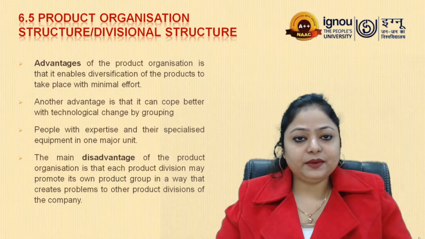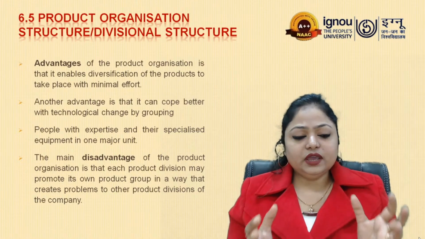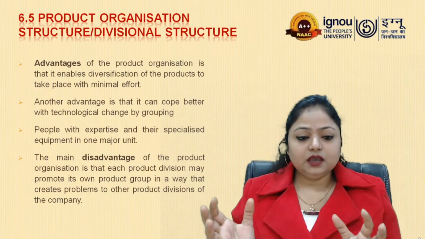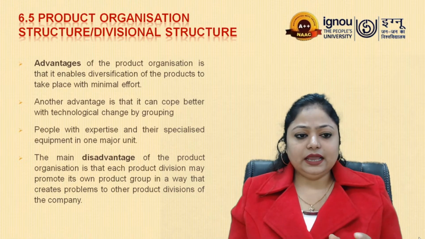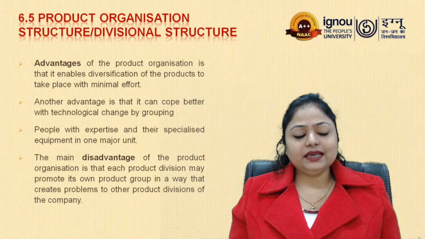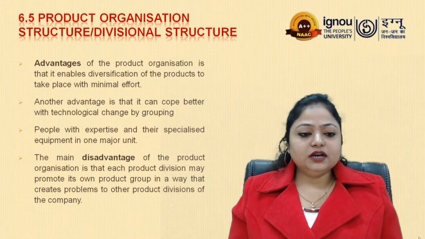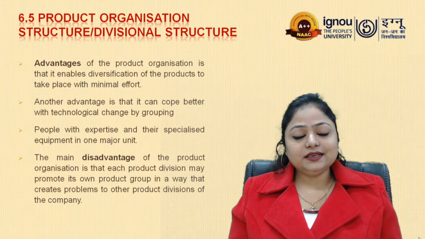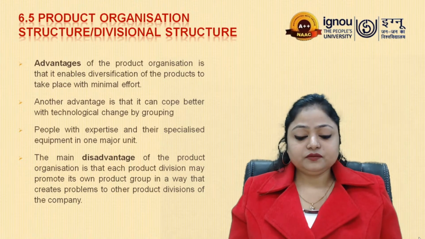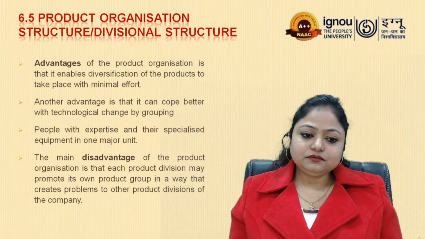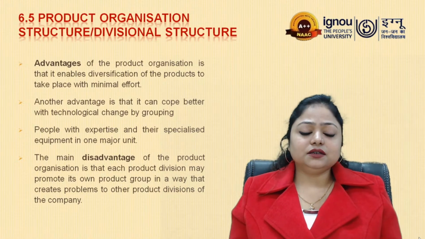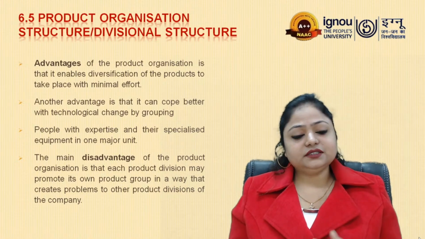So it may happen that the impact of Maggi's production, like we saw a few years back, that there was some lead particle involved in the production of Maggi. So all the products of Nestle had a certain impact of the bad word of mouth publication.